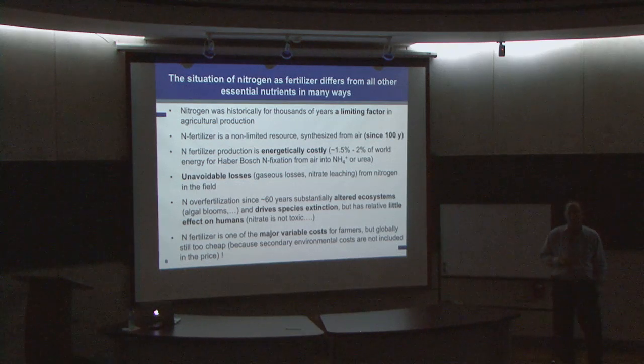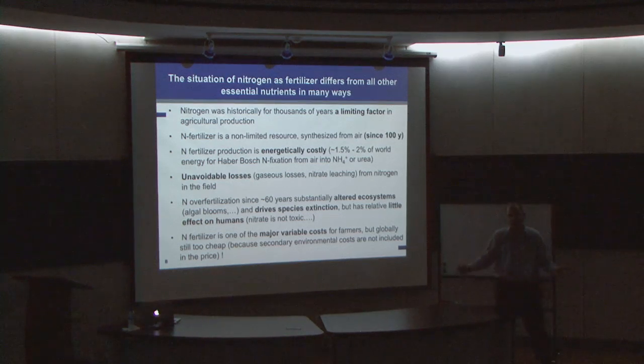And this nitrogen over-fertilization, since about 60 years, altered ecosystems already, is still altering ecosystems, drives species extinction because many species, of course, as I just said, are evolutionary adapted to low nitrogen environments.